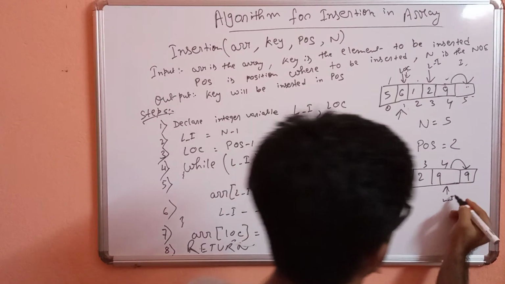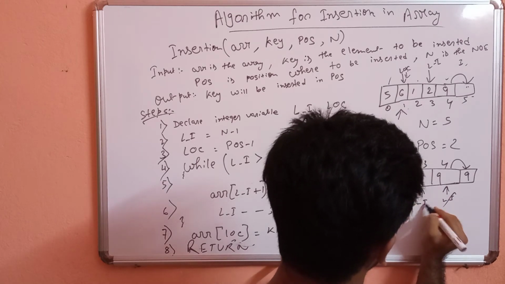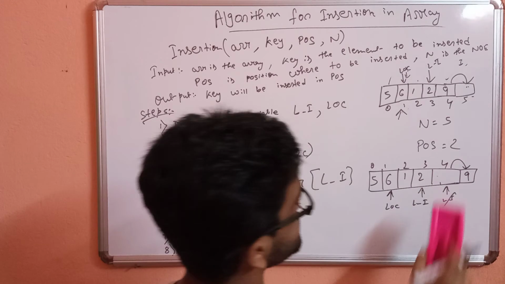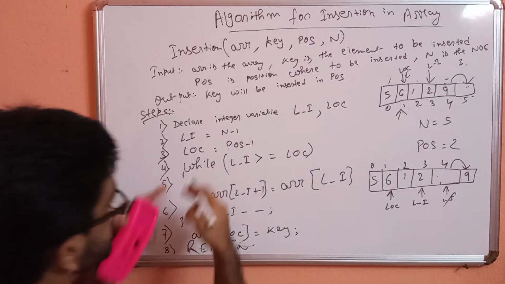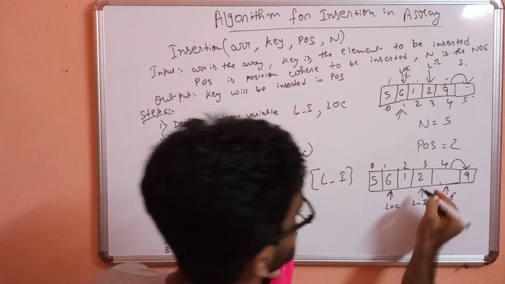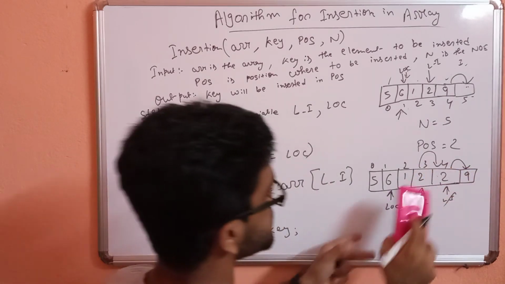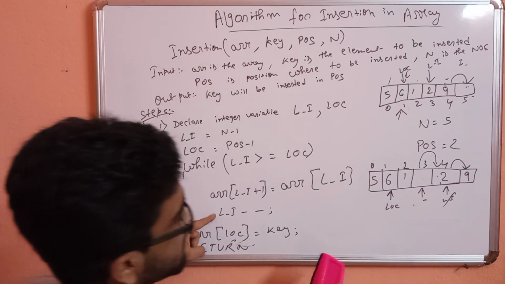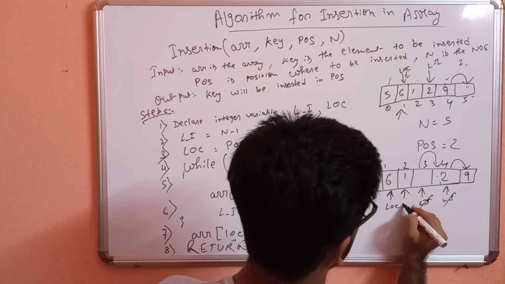Then li will decrement. Consider this place as vacant. Then same thing will be done again. This will come here, here 2. This place will become vacant. Li will again be decremented.